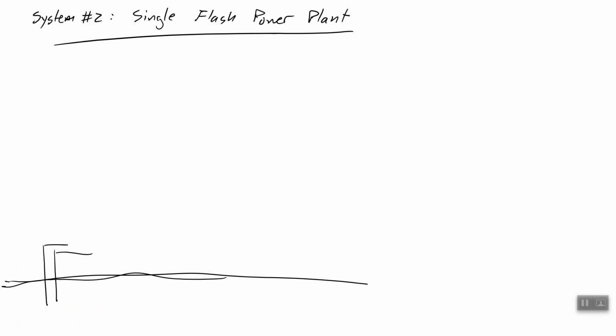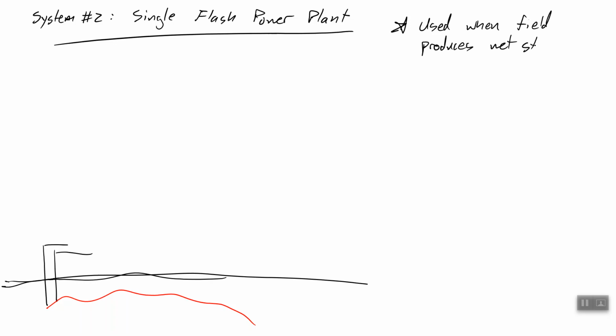We're going to pull out steam from our hot reservoir like we did before, but now there's a difference, and this is the main reason we would use this: we're using this when our geothermal field produces wet steam, which is a vapor-liquid mixture. So we don't have pure steam, so we can't put that straight into a turbine. That would not be good.